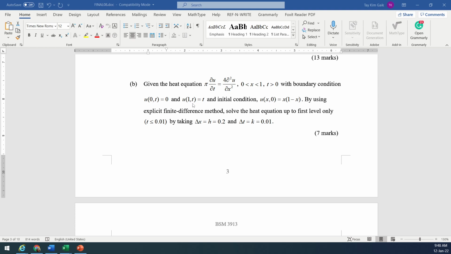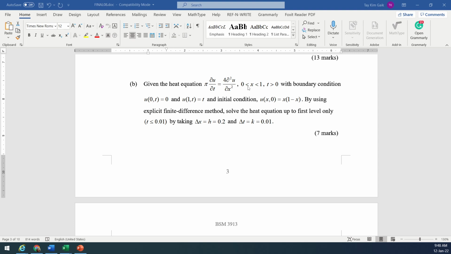Vincent, u(1,t) equal to t. Is this the left or right boundary condition? Left. You see x from 0 to 1. Compare x equal to 0 with x equal to 1.